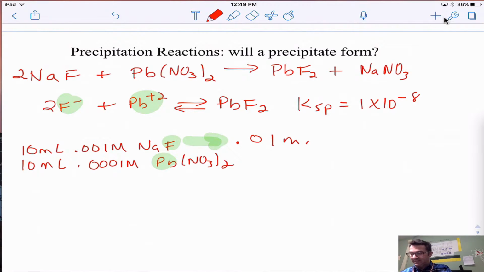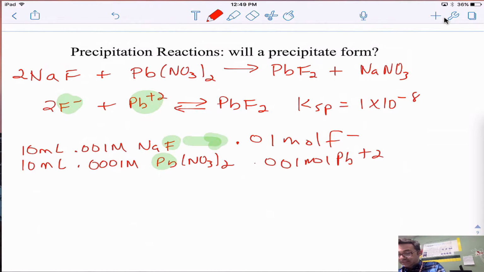So now I have the moles of each one. I'm going to take these moles of each of these ions and change them back to molarity. Why am I going to do that? Well, I've added two solutions together, so their volumes are additive.